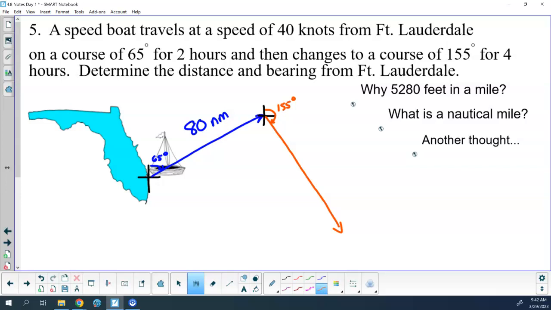It travels on that course for 4 hours. So how long is that segment? 160 nautical miles, because it's traveling at 40 knots still.